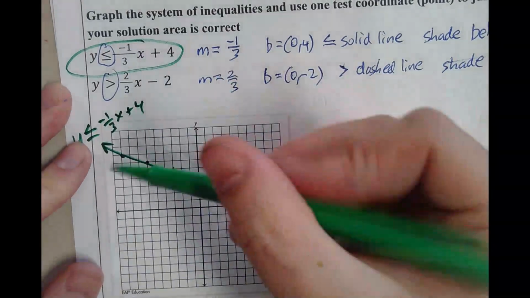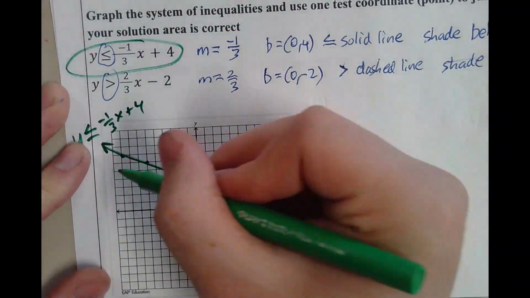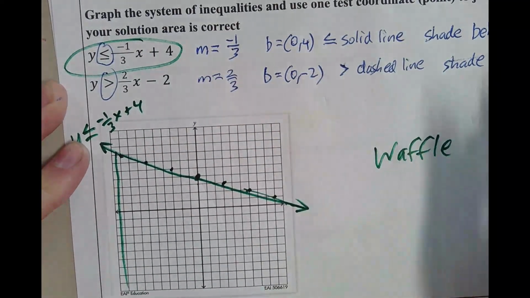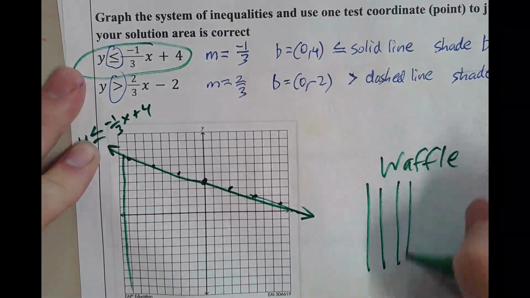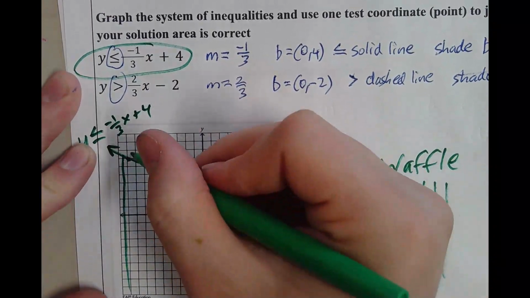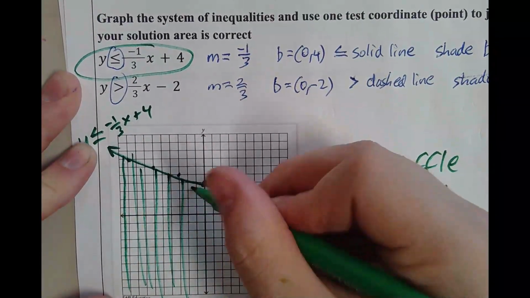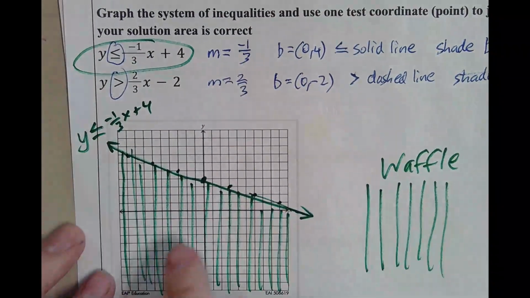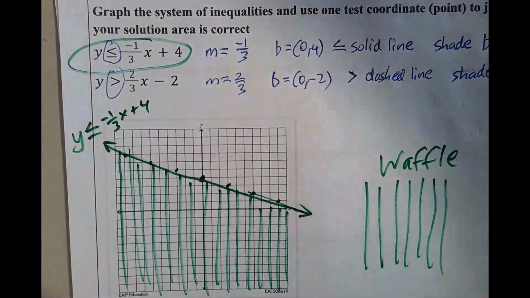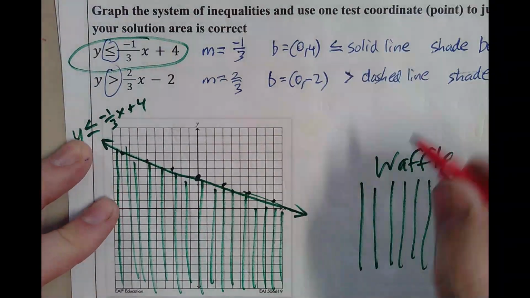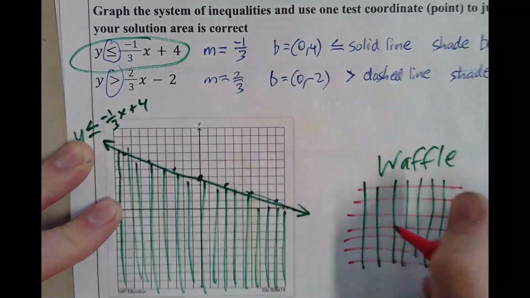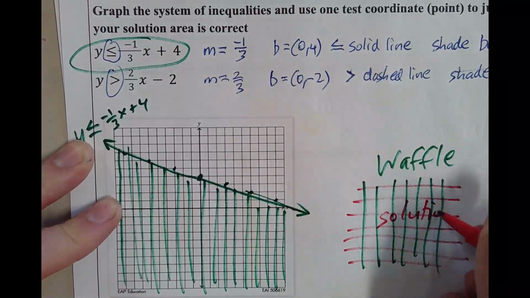So for this trick, I'm going to use the waffle method. The waffle method means for the first one, I'm going to shade down. And for the second one, I'm going to shade to the right. And that will tell me where the solution area is.